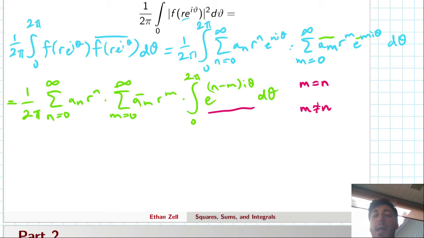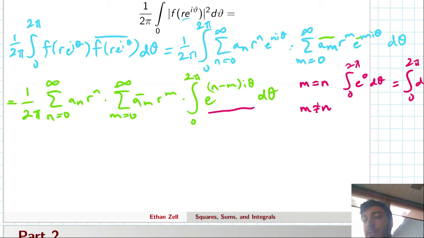So where m is equal to n, this whole integrand is really just e to the 0 i theta, and that's just the same thing as this kind of trivial integral, right? So it's just integrating with respect to theta from 0 to 2 pi, which is just 2 pi, right? So that would then cancel with this 1 over 2 pi on the outside, right?